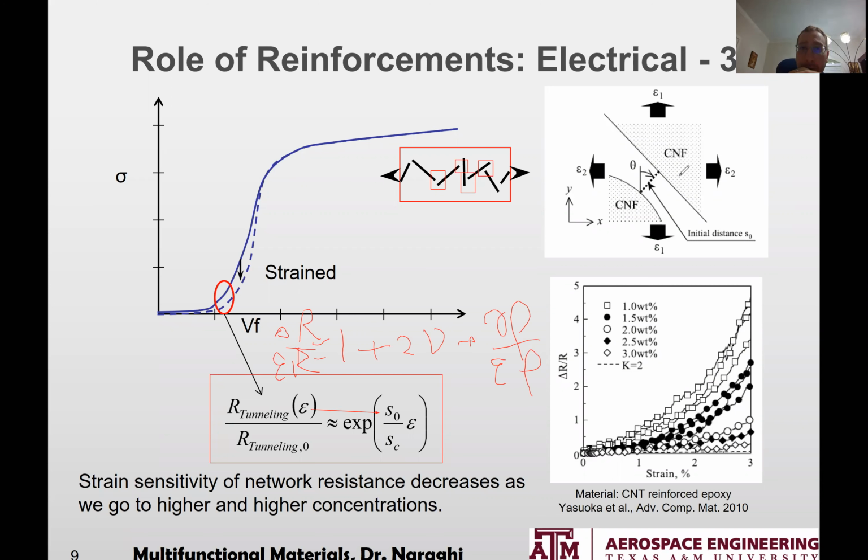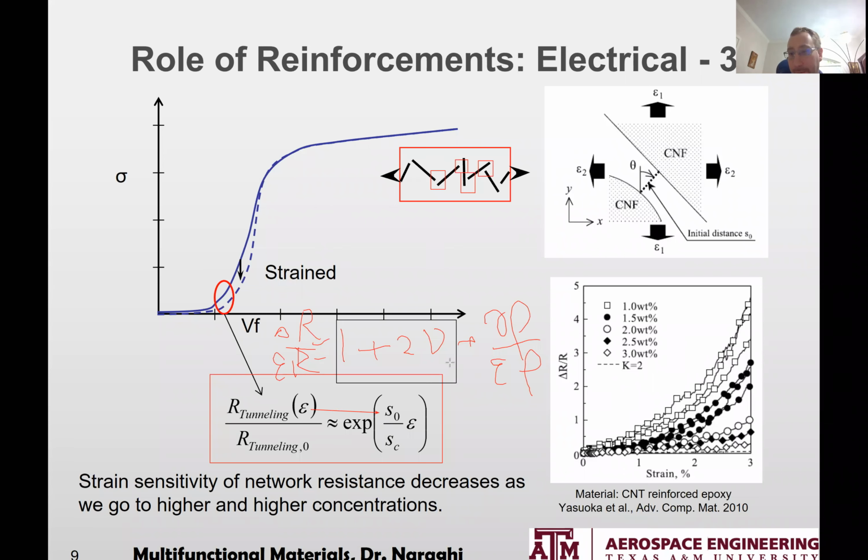And now the maximum value for the first term, which is primarily because of geometry, is 2. If a material is not piezoresistive, this change has to be equal to 2.